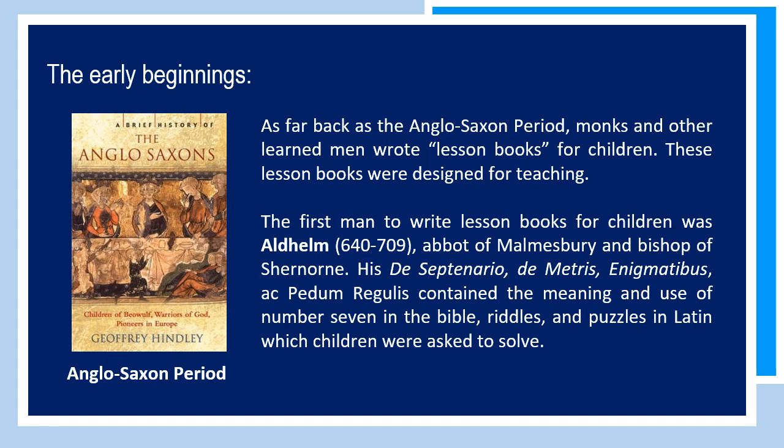These lesson books were designed for teaching, and the first man to write lesson books for children was Aldhelm. Examples of this are his De Septenario and De Metris et Enigmatibus, which contain the meaning and use of the number seven in the Bible, and riddles and puzzles in Latin which children were asked to solve.